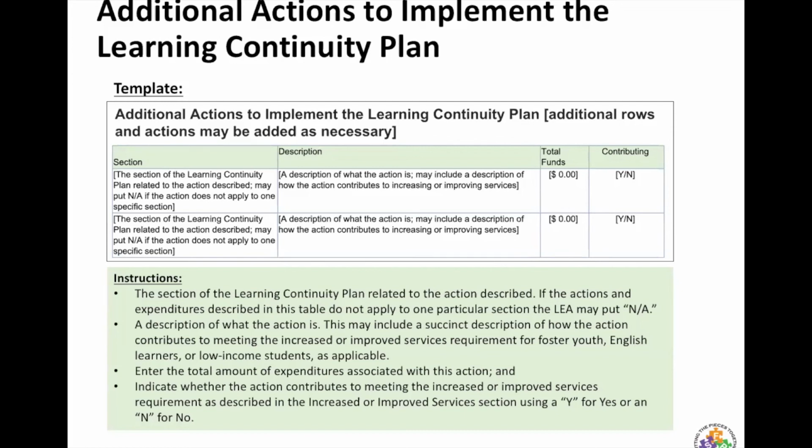The instructions also note that the LEA may put not applicable or NA in this column if the action does not apply to a specific section in the plan. In addition, LEAs must provide a description for each action, enter the total amount of expenditures for each action, and indicate whether or not the action contributes to meeting the increased or improved services requirement. Next slide, please.